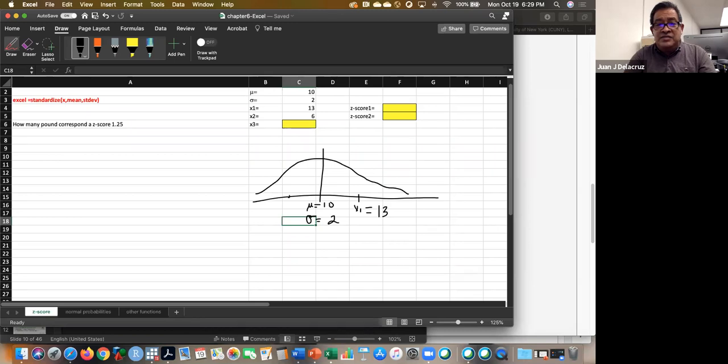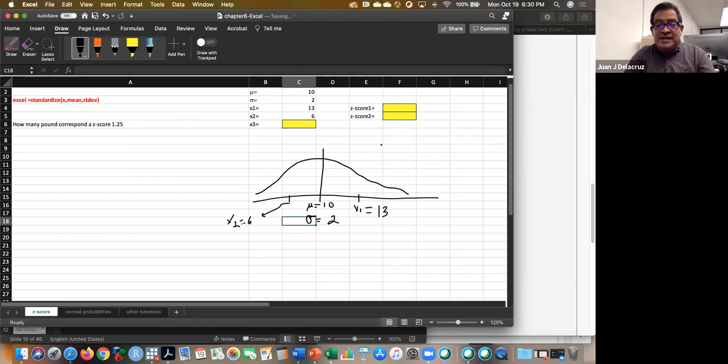And this is x2. I'm going to put an arrow here. It's going to be x2, which is equal to 6. Very clearly, my Z score here is going to be positive because it's to the right of my mu. And this Z score has to be negative because it's to the left.